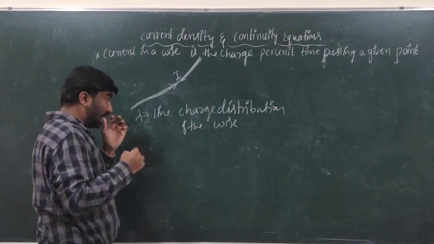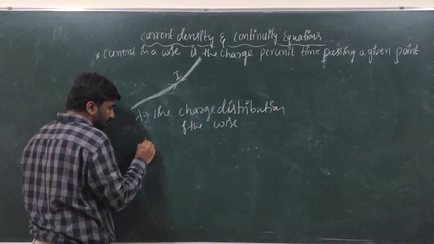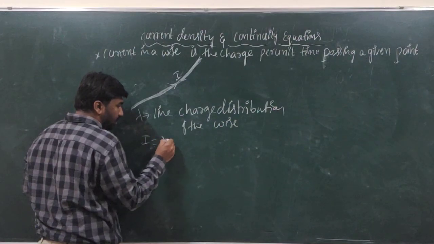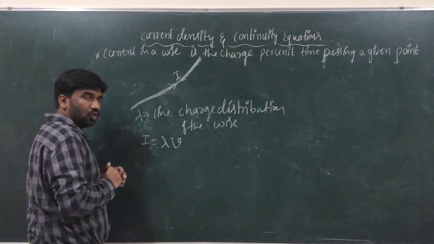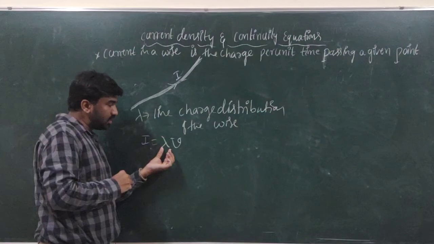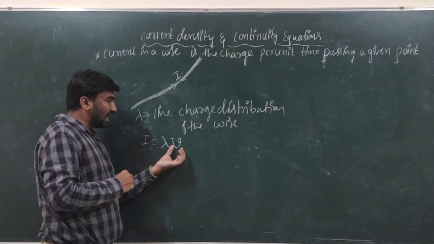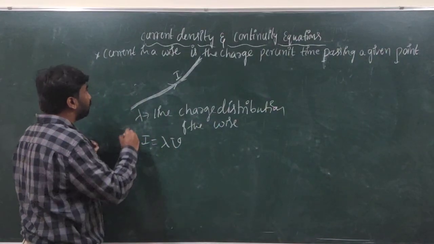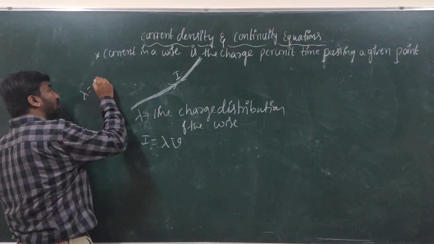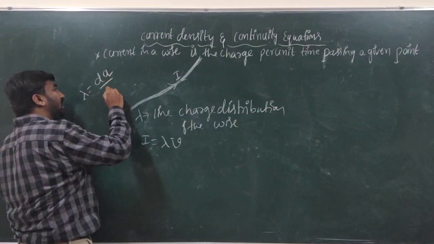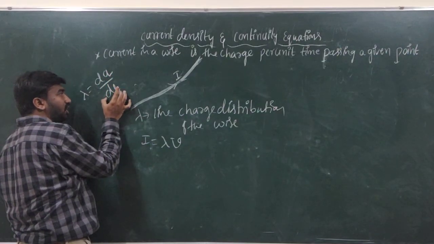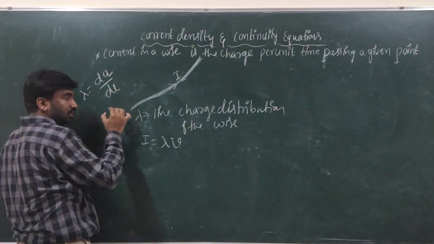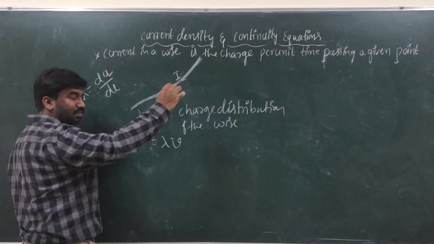The relation between the current and the line charge distribution is I is equal to lambda into V, where V is the velocity of the charges. Lambda is equal to dq by dl, which means the charges are distributed linearly along a length element.